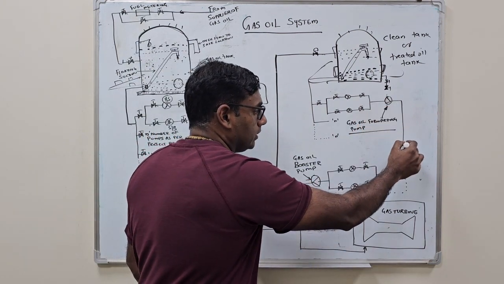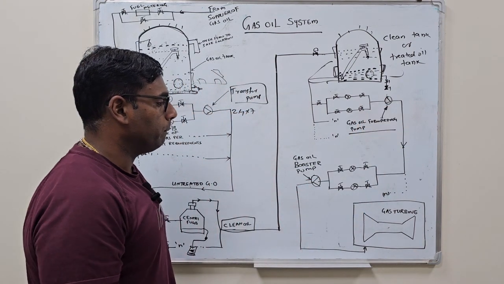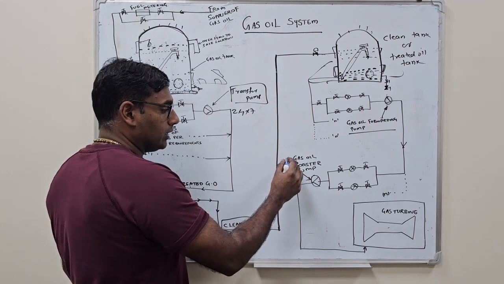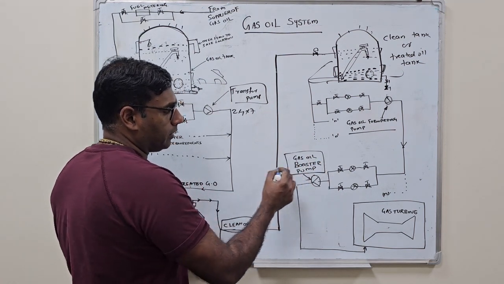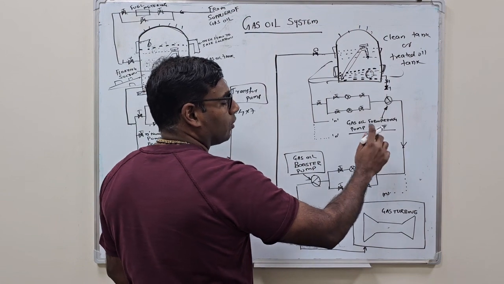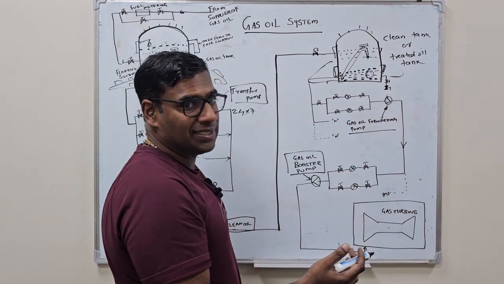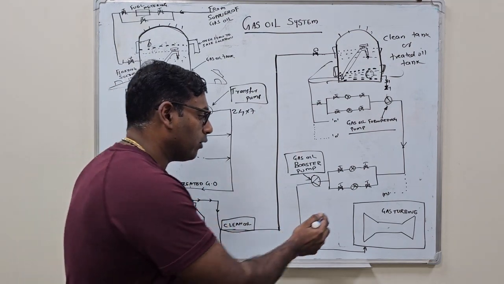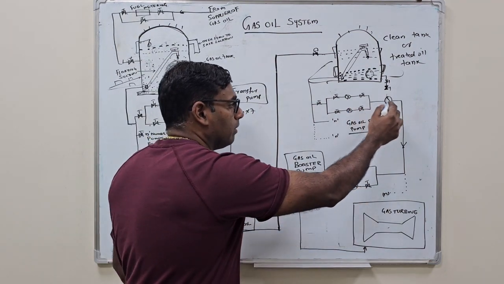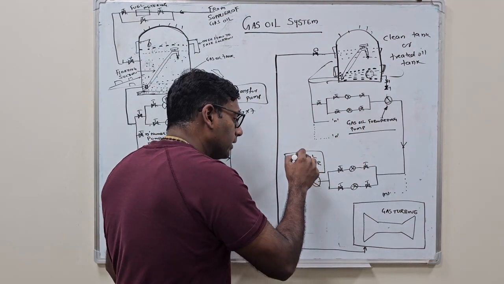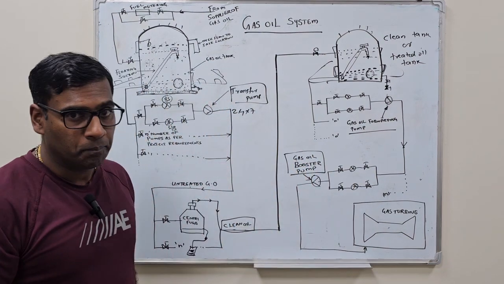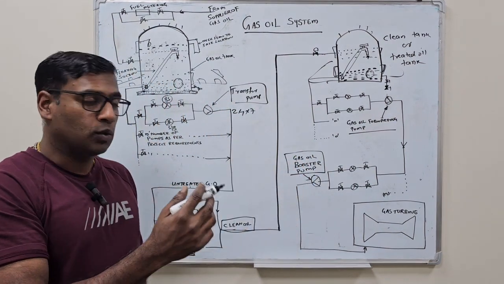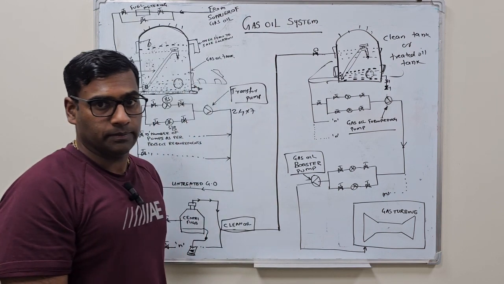From there, this oil will be pumped to another pump which is known as a booster pump, because normally these pumps cannot build the required pressure. This is a centrifugal pump, and a single stage cannot build the amount of pressure required for this gas turbine. So this pump will pump the oil into the suction of the gas oil booster pump, where it will be boosted to the OEM requirements.